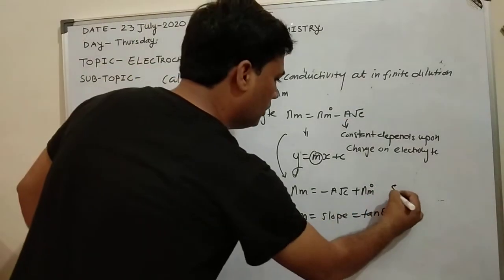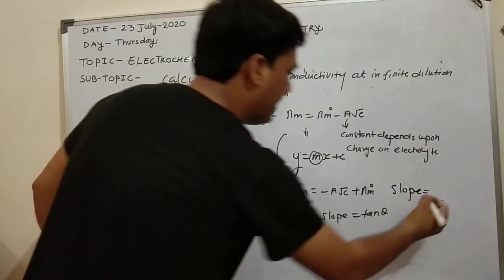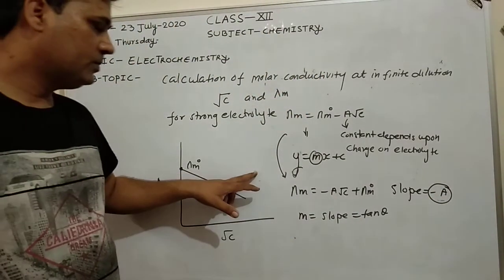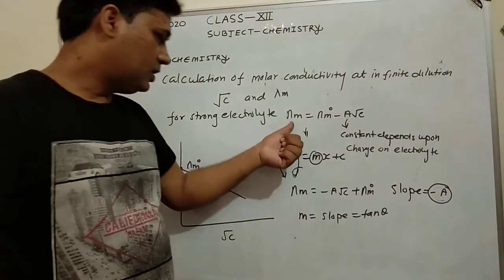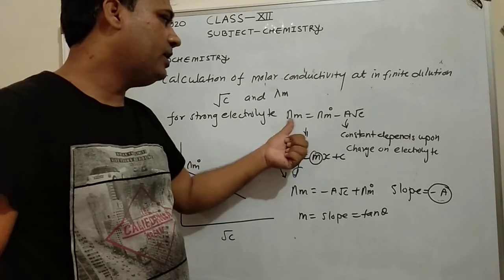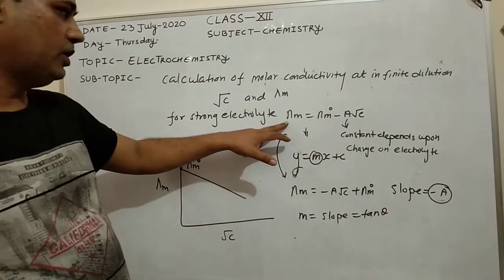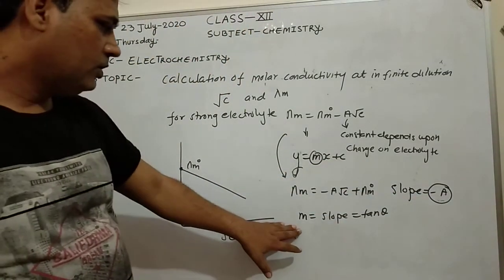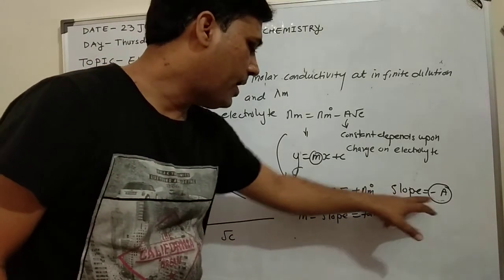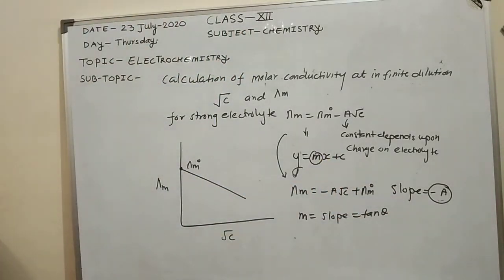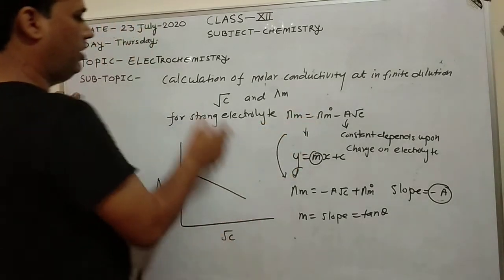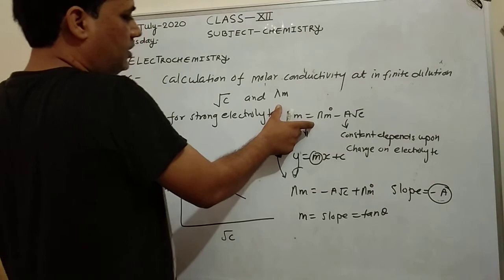So slope is equal to minus A. Sometimes in questions this equation is known as the Debye-Onsager equation. In the Debye-Onsager equation, the slope is equal to minus A, so it is also written as tan theta is equal to minus A. In this way we can calculate limiting molar conductivity for a strong electrolyte with the help of this equation.